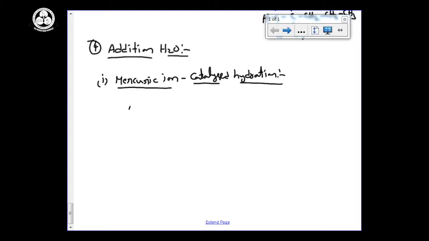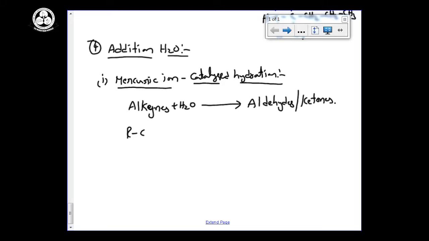First of all, you have to keep in your mind that alkynes on hydration, whatever hydration you are doing, we can get either aldehydes or ketones. See, I am taking one alkyne, R C triple bond CH. I am adding water, mercuric ion hydrolysis.